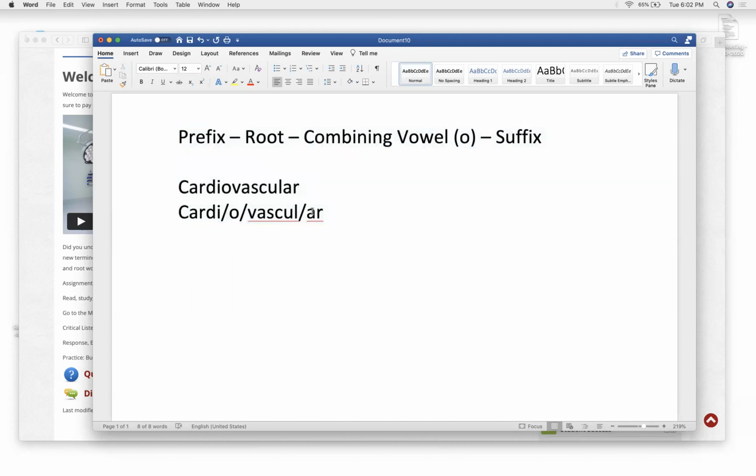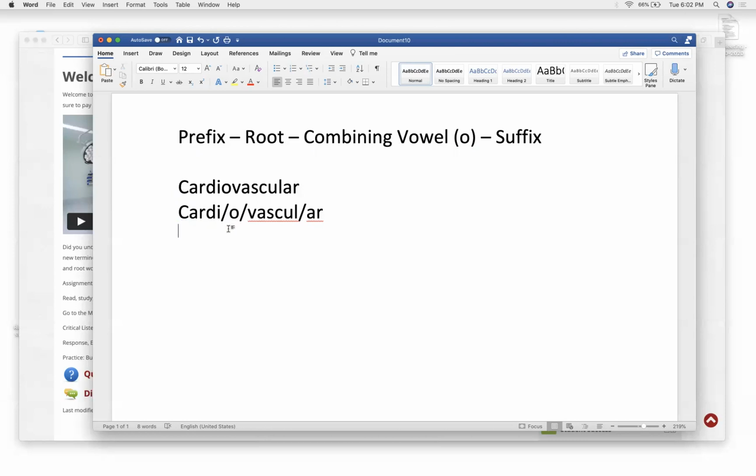Anything that's on the end is the suffix. The main idea of the word is the root. And you'll see this sometimes, where there are 2 roots connected together with, of course, a combining vowel.